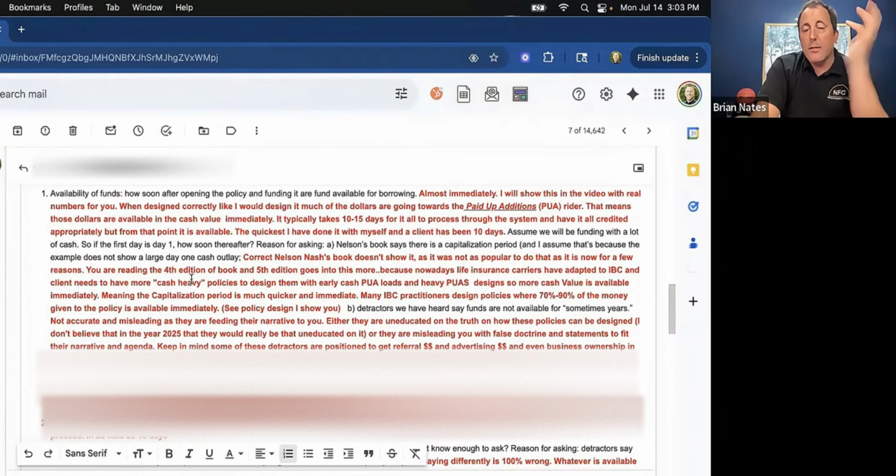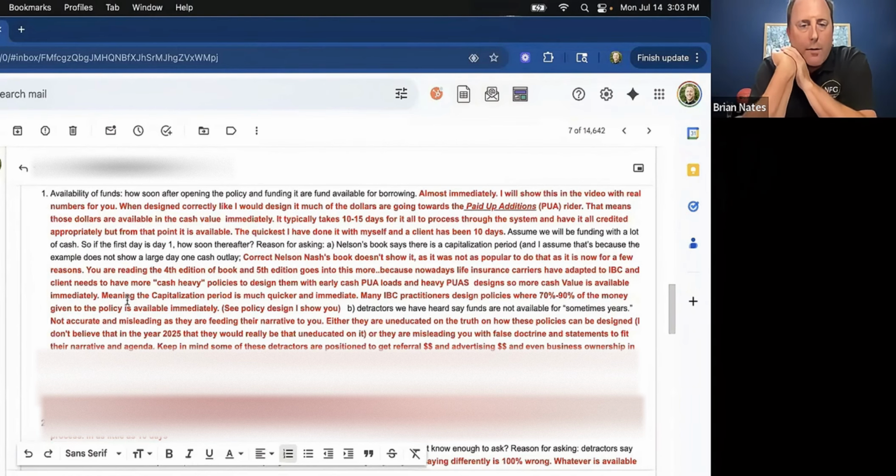The fifth edition is something that you should get, but it goes into a little more details of nowadays because the life insurance carriers, I put it in the email, but they've adapted, right? And they have more designs available to have lump sums like you're talking about, early cash deposit into the paid up additions rider, so that you can design it with extremely heavy paid up additions.